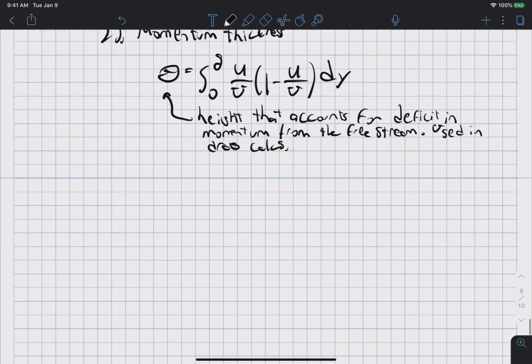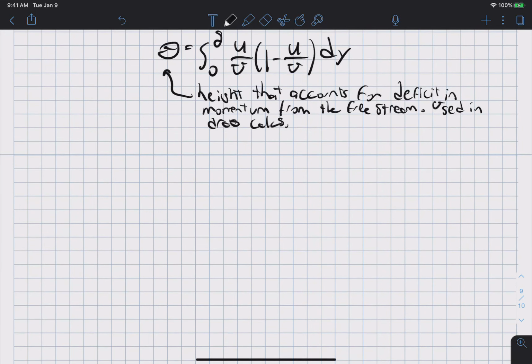And a consequence of Prandtl deriving the boundary layer theory, assuming that delta is very small, is that boundary layer theory is only valid if delta is much, much smaller than x.